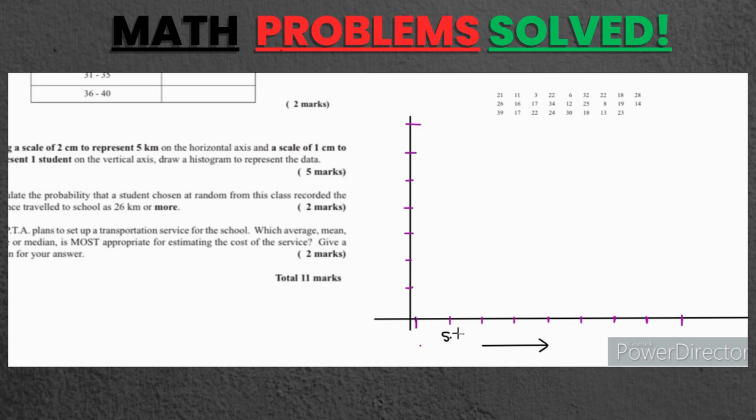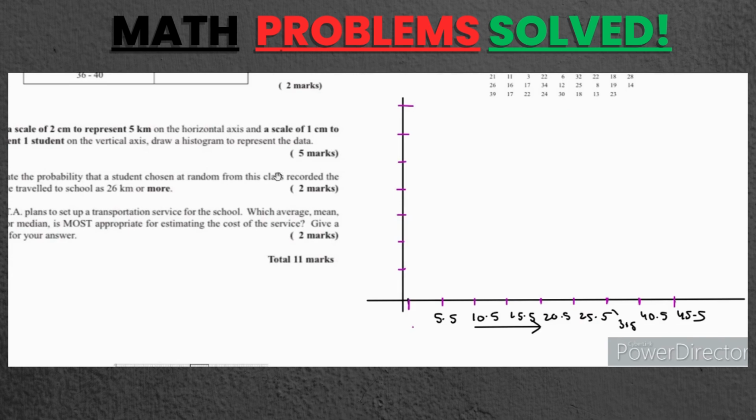It's 5.5, 10.5, 15.5, 20.5, 25.5, 30.5, 40.5, and 45.5, right?